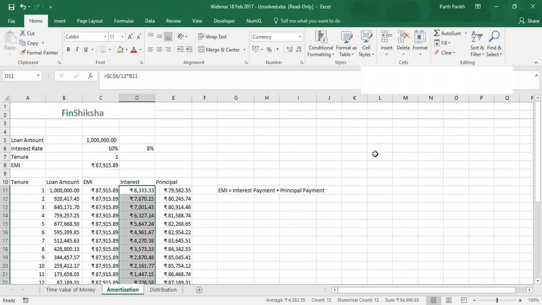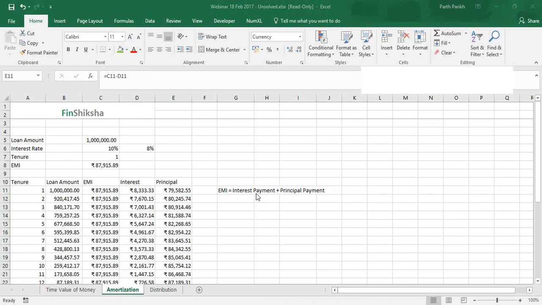When you have a longer horizon, this is for the 1 year. So over here you are paying a lesser amount of interest compared to your principal. But when you are considering a home loan where you have a loan of let's say 50-60 lakhs and duration of 30 years, then in the first month or in the first couple of years, you have to pay an exorbitant amount of interest.